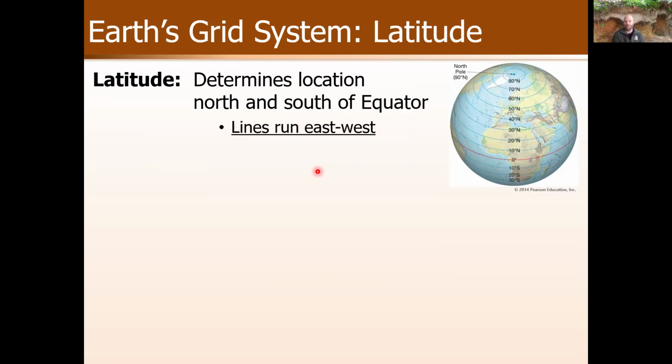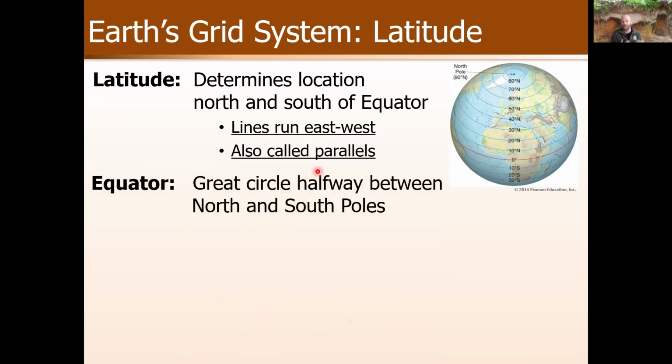Okay, so moving on, lines of latitude. They run east and west, and they are used to measure your position relative to the equator. And so these lines here, as you can see, they're running east and west or horizontally. They're called parallels because they're literally parallel to each other.